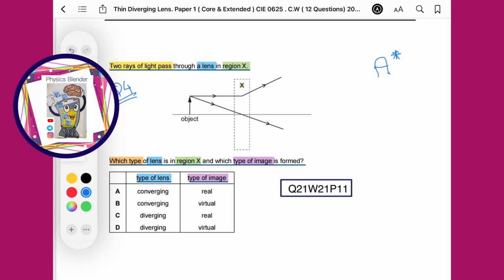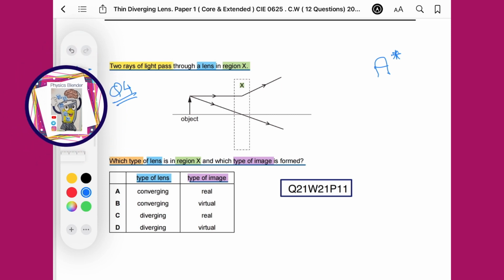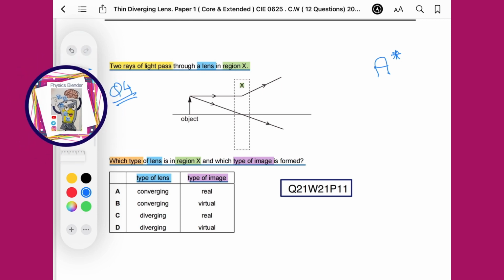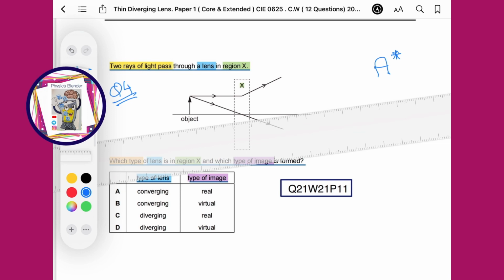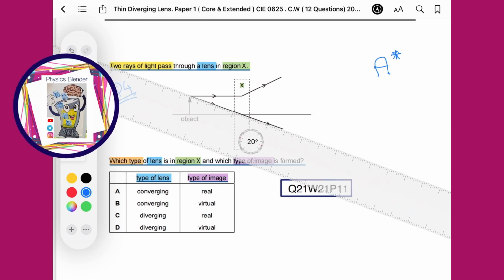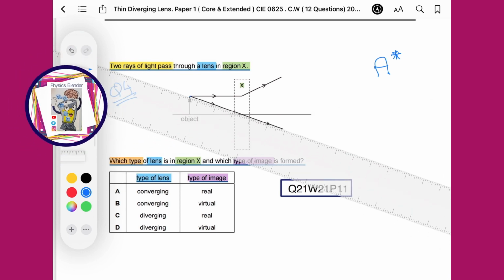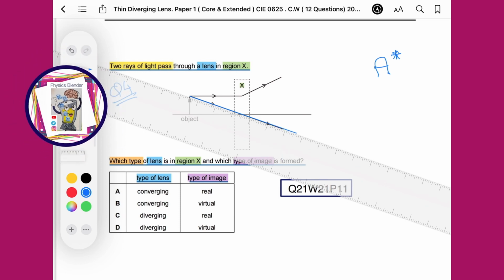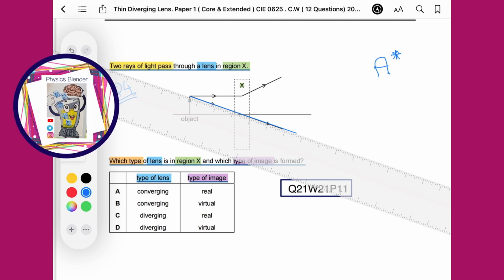Okay, which type of lens do we have in region X? In region X we have a lens of unknown type. We don't know its type, but we have the light rays. The one passing through the center undeviated is the common ray between converging and diverging lenses. It behaves this way, passing undeviated.